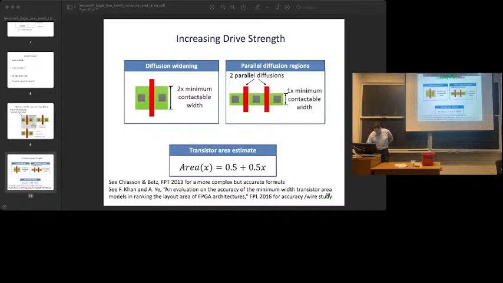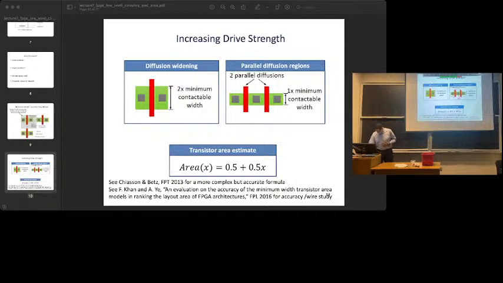I can also parallel my transistors. So here, instead of making my width twice as wide, or in FinFETs, making twice as many fins, I've basically made 2 parallel diffusions. Okay, so I make 2 gates. So this is my input, this is my output. I have 2 transistors pumping current into the output, so I also get twice as much current.